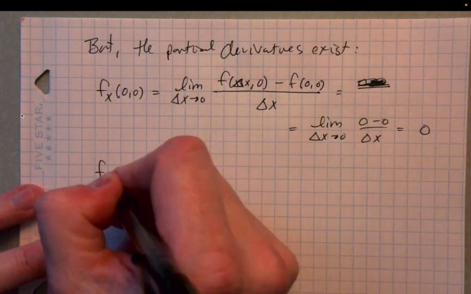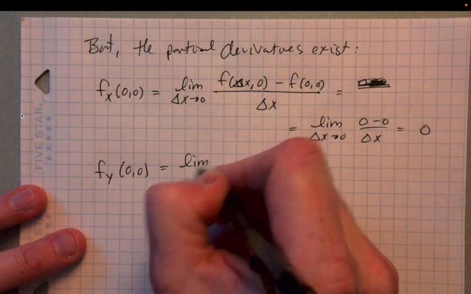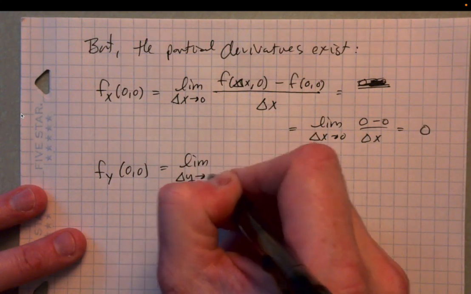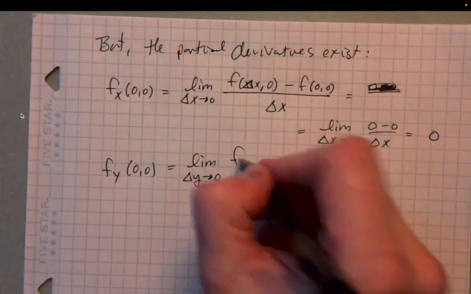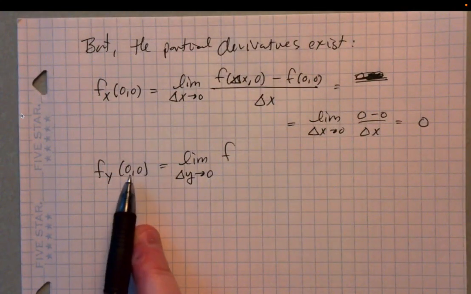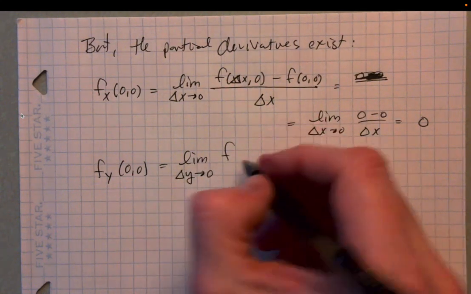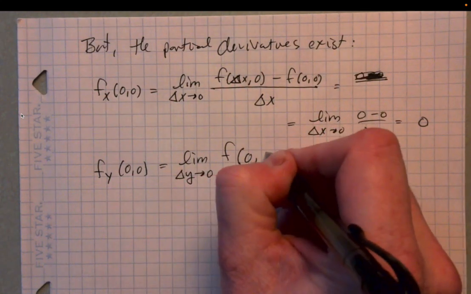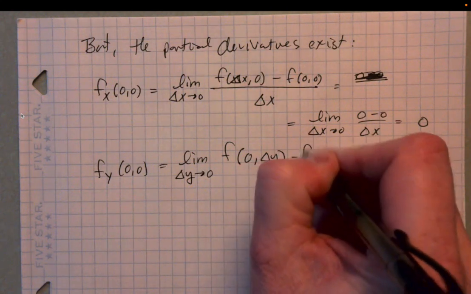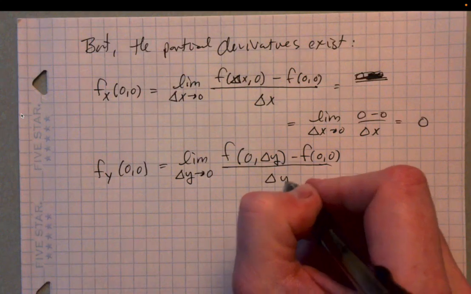What about the partial derivative with respect to y? Do we get the same thing? Yeah, pretty much, right? Same kind of idea. So this is the partial derivative with respect to y at the point 0, 0. It's going to be equal to the limit as delta y goes to 0 of f of 0 comma delta y minus f of 0, 0, all divided by delta y.